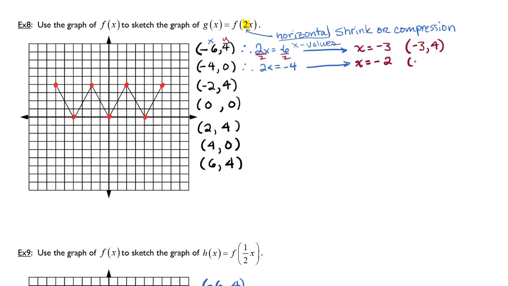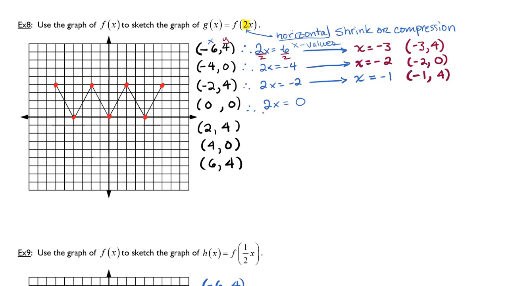So our new coordinate point is -2, 0. Again, 2x equals -2 implies that we get x equals -1. And our new coordinate point will be -1, 4.